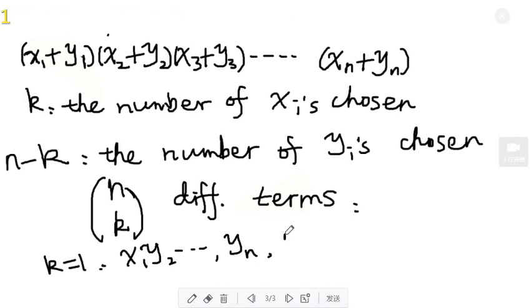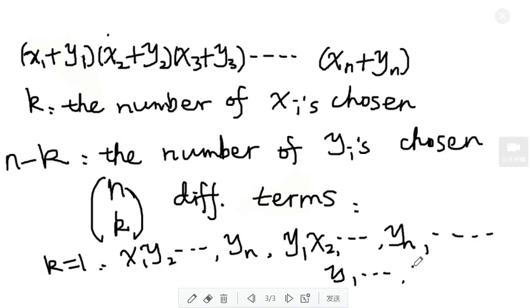You can have y1, x2, ..., yn. So you can shift your x all the ways. You only have one x, so you can shift it until the last term, y1, y2, y3 until yn minus 1 times xn. Of course, you have n different terms.